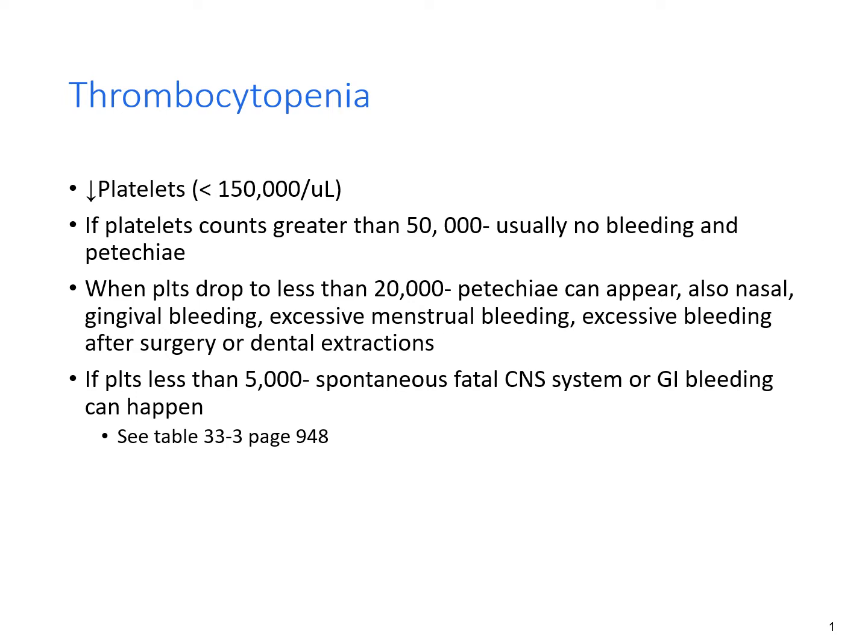If your platelets are less than 5,000, that's when you're going to be seeing things like fatal central nervous system or GI bleeding. So the keyword there is fatal, right? There's a whole bunch of different things that can cause thrombocytopenia. Maybe there's a decreased production in the bone marrow, maybe there's an increased destruction of platelets, or maybe there's an increased consumption of platelets for clot formation.